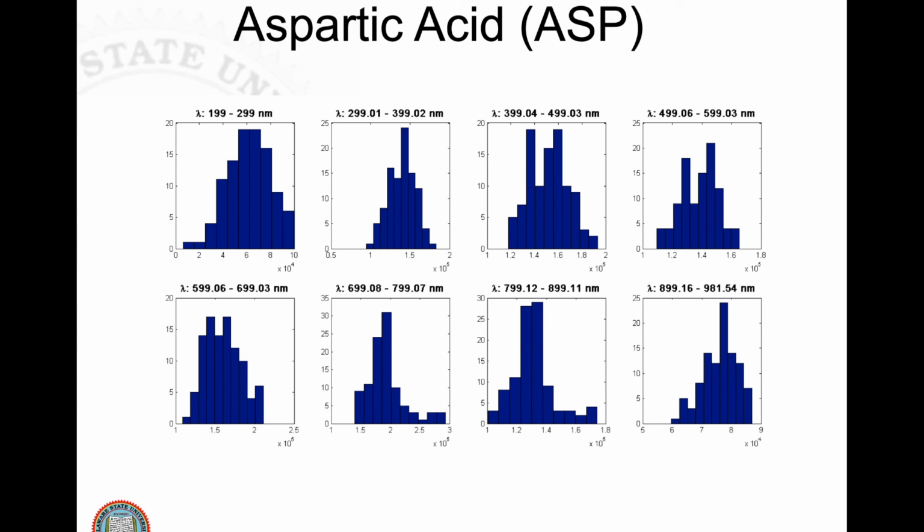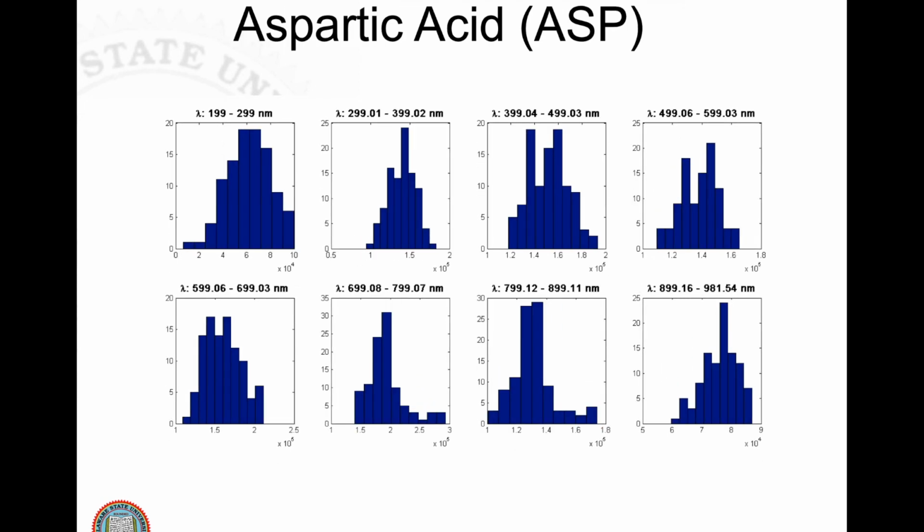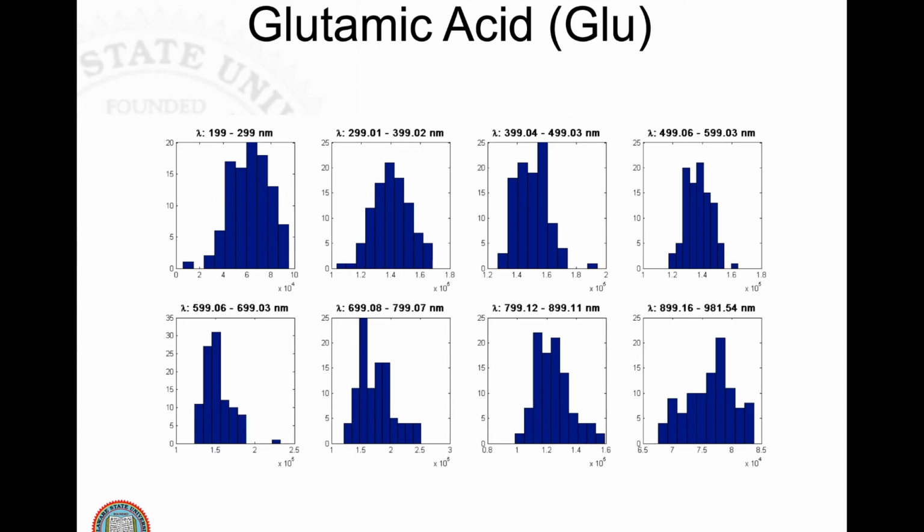And so this is an example for aspartic acid, and in the next slide, we have an example for glutamic acid. Now, if you look at them, they don't look very different. They roughly have peaks in the same location, but there are some minor differences in some of these regions in these 100 nanometer spectral bands from one another.